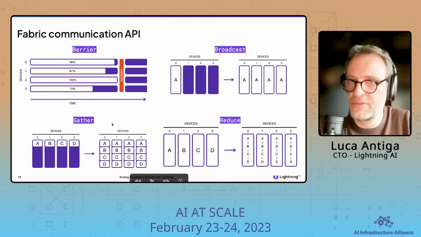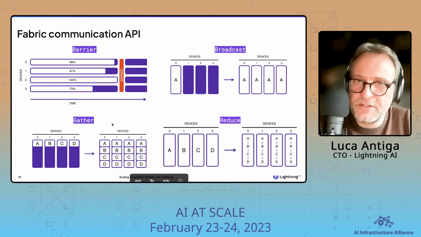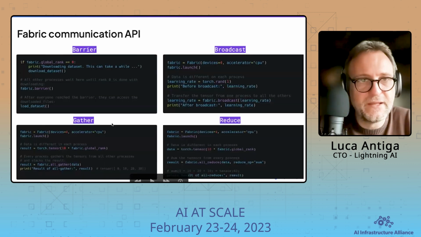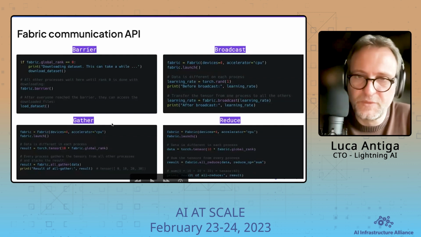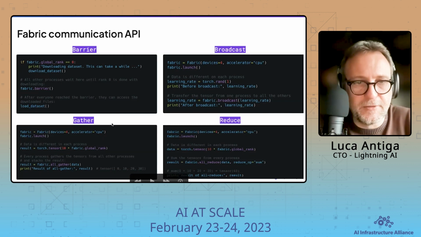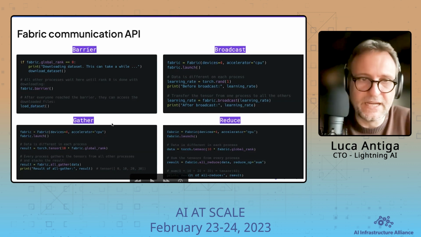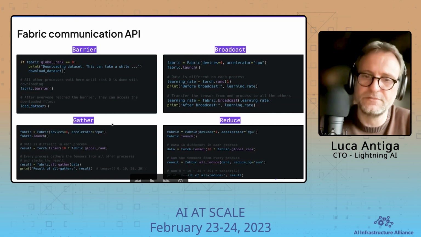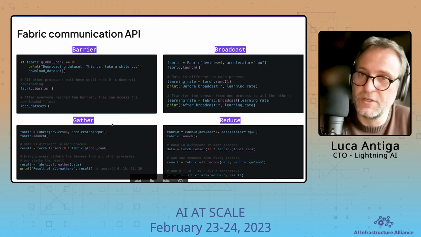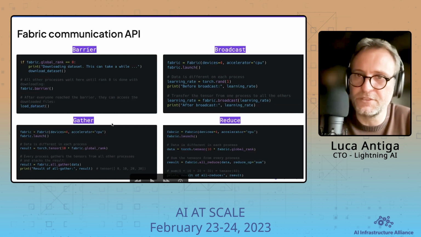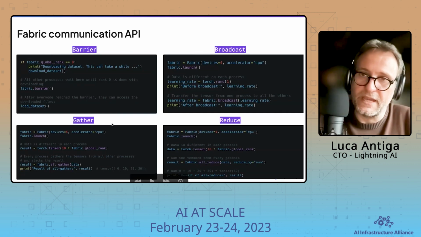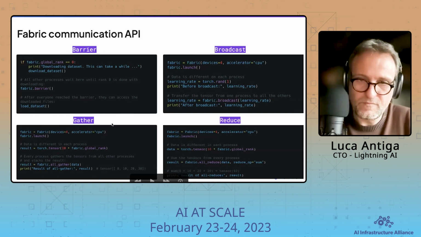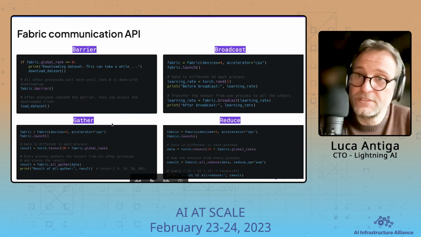So we're introducing things like fabric.barrier, broadcast, gather, reduce, all these operations that will be called this way. As you can see, fabric.barrier, fabric.broadcast with a number in this case, or all_gather for data, and all_reduce. So you will be able to sum, for example, or average throughout a set of machines, and the actual backend that this will execute on is something you decide when you instantiate the Fabric object.